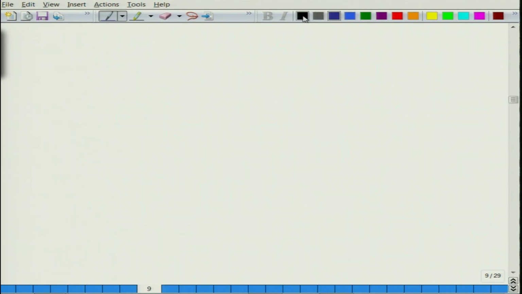Let's just make a schematic drawing. Let's say this is an atomic plane, another atomic plane, and let's draw a few of these.